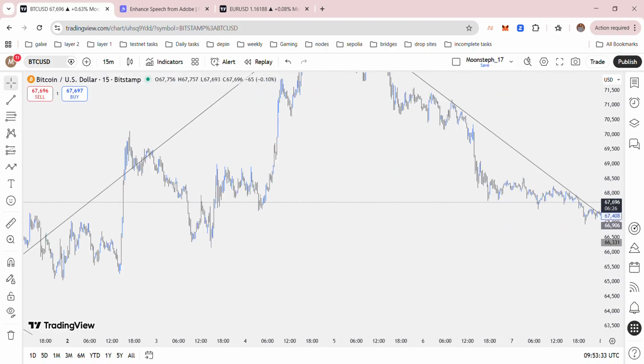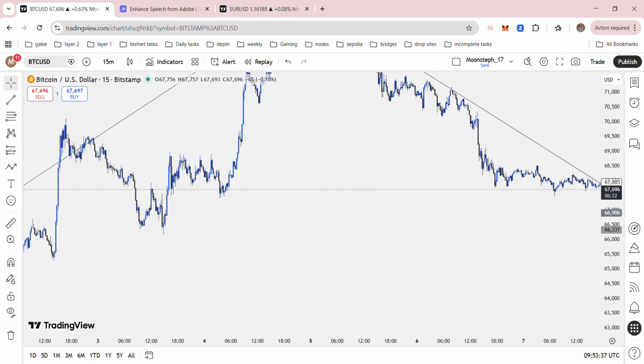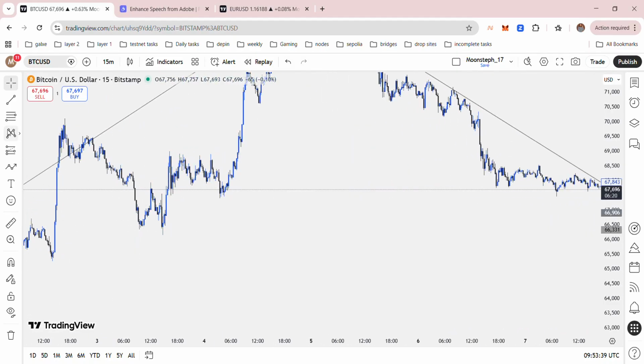Here, this is my precise entry. This is the entry I used. After this sweep here, then I got this move.